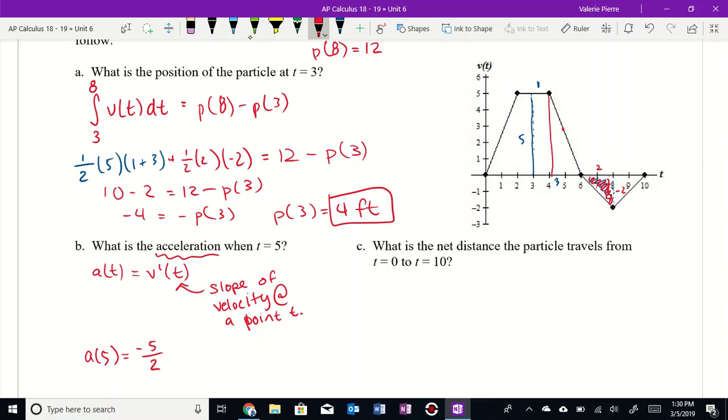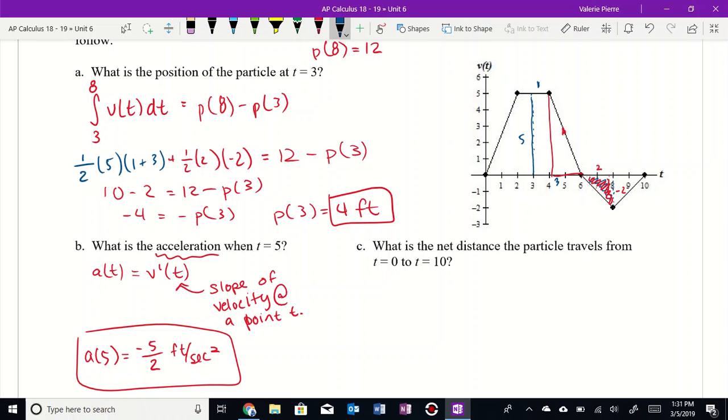Okay, so it's a rise of -5 because it's decreasing and a run of 2. So a of 5 is -5 over 2 feet per second squared since it's acceleration.